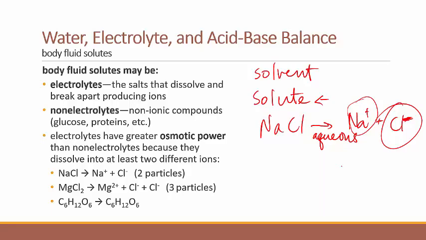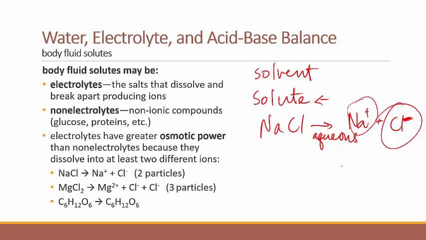There's also lots of non-electrolyte or non-ionic compounds that are dissolved in water. Glucose is one of those. Proteins dissolved in water are not electrolytic. So when you dissolve glucose, or when you dissolve a protein in water, it doesn't break apart into ions. And it turns out that electrolytes have a greater osmotic power than non-electrolytic substances, because they dissolve into, at minimum, two different ions, two different particles.